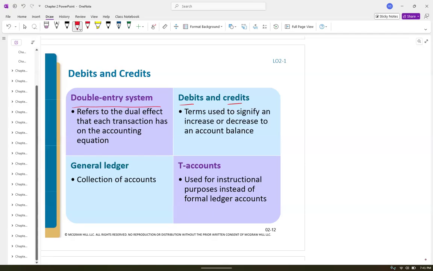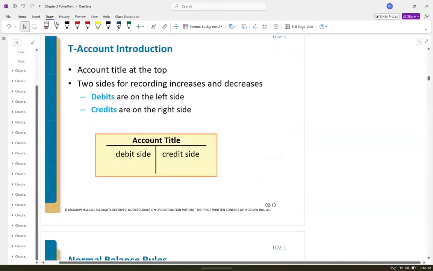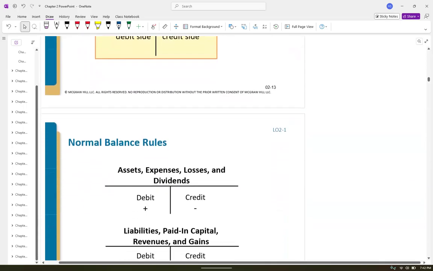A lot of people, when they're doing adjusting entries, will draw the T accounts out on a scratch piece of paper to help them do the adjusting entry. So even though you're not necessarily going to see a lot of T accounts when you're working your big adult job, you might take a piece of paper and write the T account out to understand an adjustment. Okay. So here's our T account, debits on the left, credits on the right.